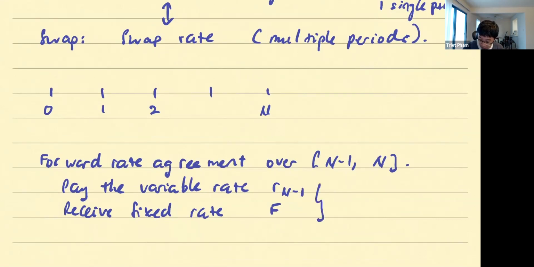So the point though is that whatever this structure is, F should be decided so that this is free to enter at time 0.